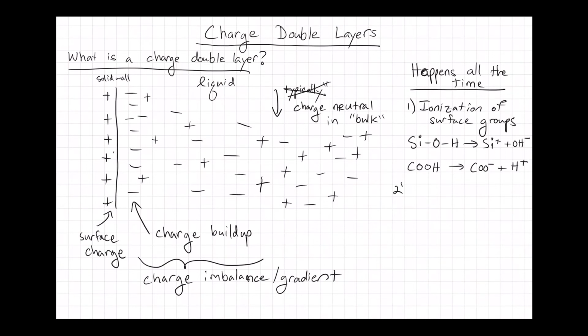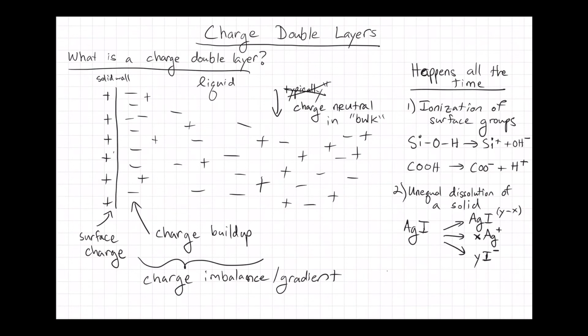There are some materials like sodium iodide, which will preferentially ionize one of the species of the solid and leave a charged region, essentially a charged solid behind, releasing the other ions into the solution.